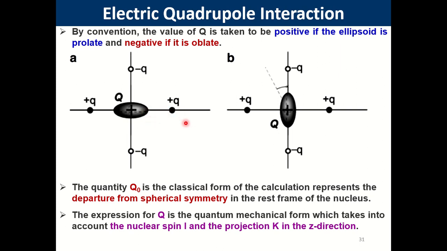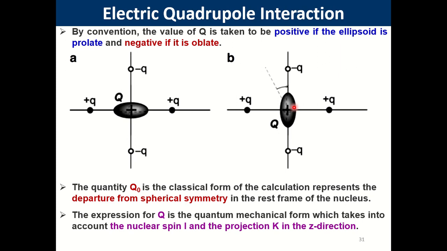This is less stable. But when it is oriented in this manner, the long end of this ellipsoid that you are seeing, which is positively charged, faces the negative charge. So this will be a more stable orientation.